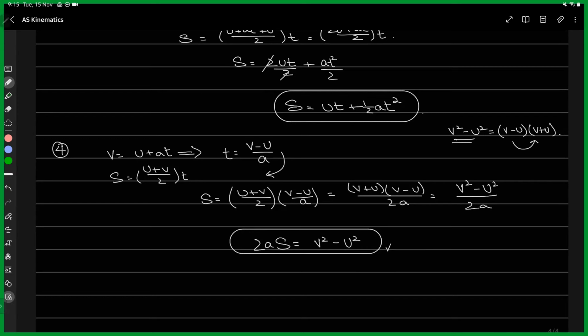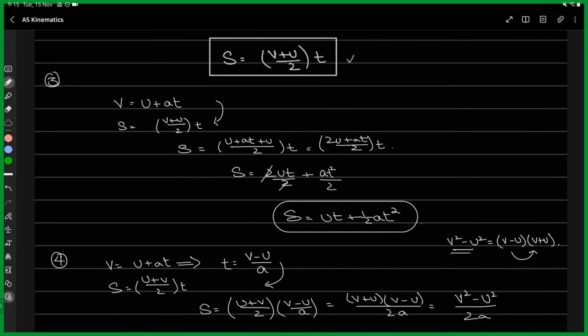And so these are all 4 possible equations of motion for a constant acceleration motion, constant accelerated motion.